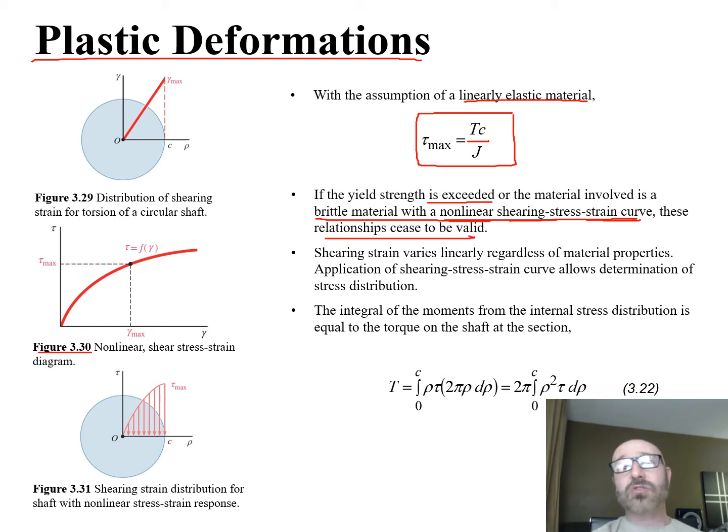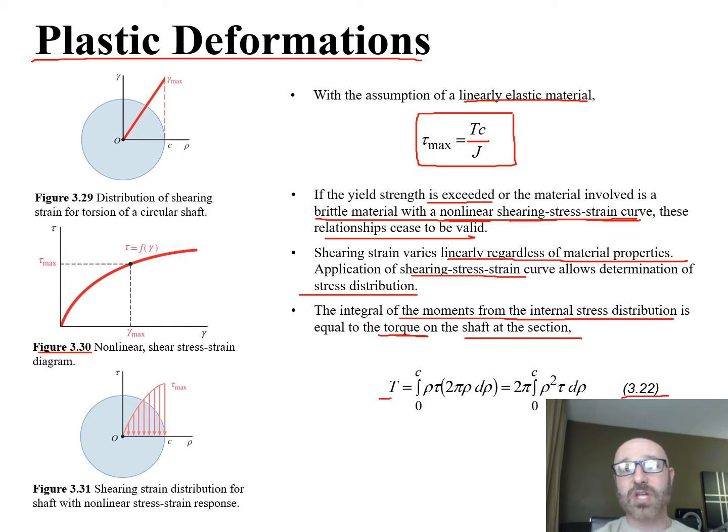Now, shearing strain varies linearly regardless of your material properties. So the application of a shearing stress strain curve allows a determination of the stress distribution. Relating this to a governing equation, we can go back to 3.22 in our textbook, the integral of the moments from the internal stress distributions, which is equal to the torque on the shaft at that section.